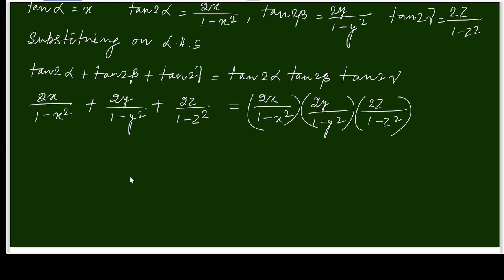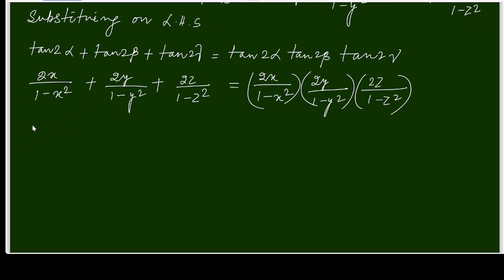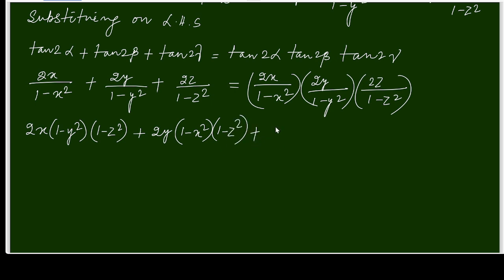Simplifying the left hand side, I'll get 2x into (1 minus y square) into (1 minus z square) plus 2y (1 minus x square)(1 minus z square) plus 2z into (1 minus x square) into (1 minus y square).